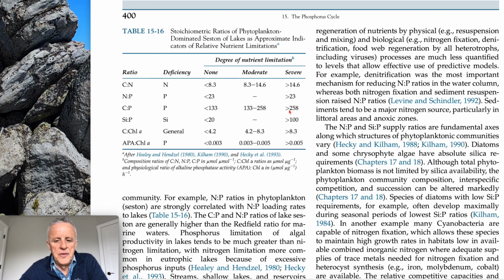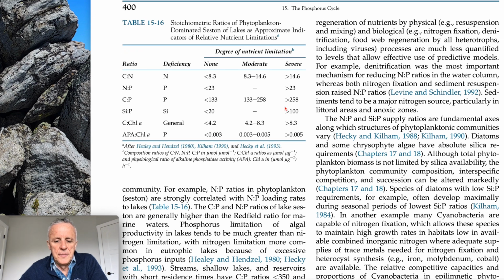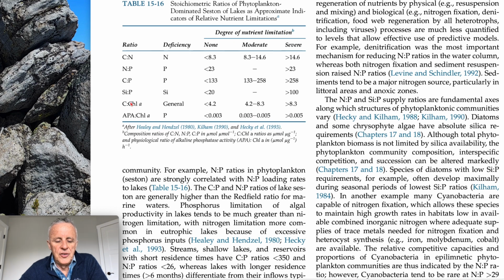So greater than 258, we have a ratio between C and P where we have a severe limitation in nutrients. And then this is carbon to chlorophyll a, and then this is the ratio of alkaline phosphatase activity to chlorophyll a. And so here phosphorus is the limiting factor. Here is general, so maybe not a specific atom per se.